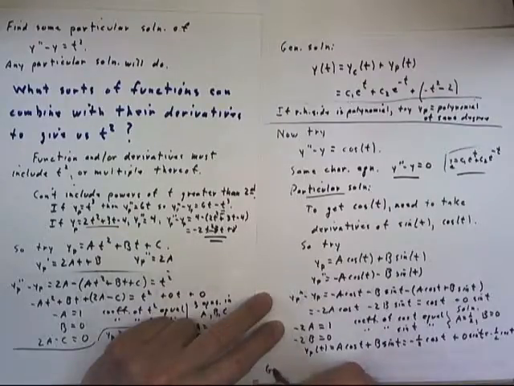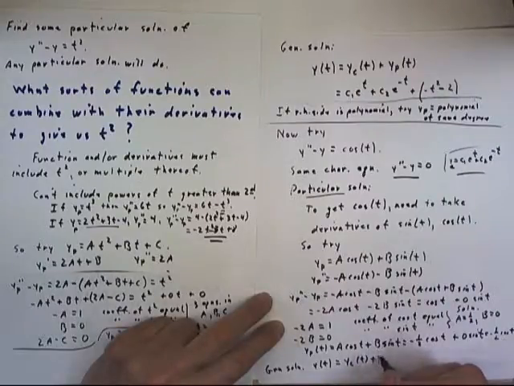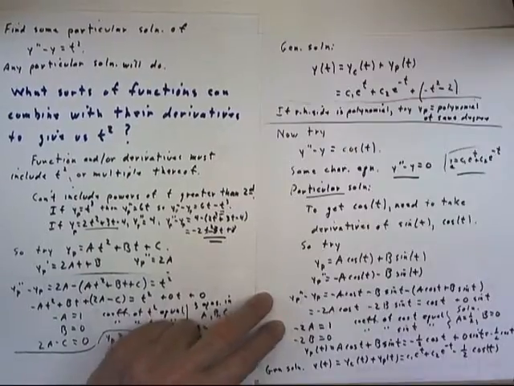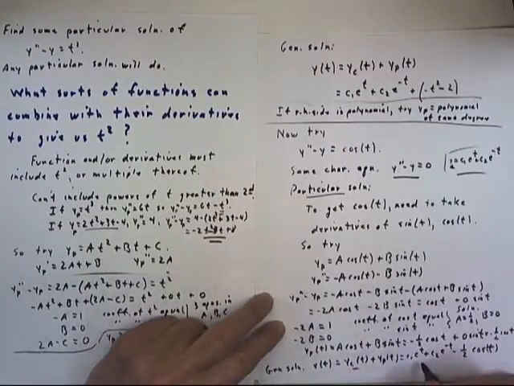And then our general solution y of t equals yc of t plus yp of t is going to equal our characteristic solution, which is C1 e to the t plus C2 e to the negative t, then minus 1/2 cosine of t. Our characteristic solution here, our particular solution here.